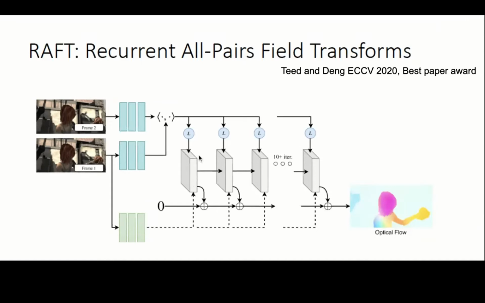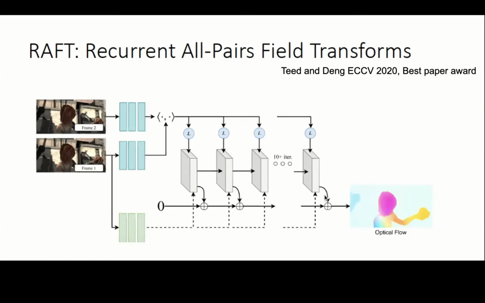So at each recurrent refinement step, it will look up from the full cost volume around the current flow estimate, and feed it to the refinement unit to get the refinement of the flow field and add to the initialization. And this step can be repeated many times during inference.